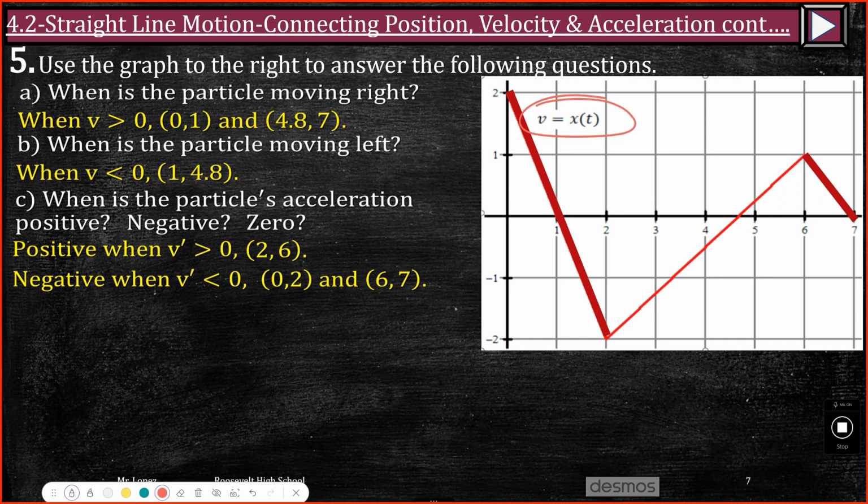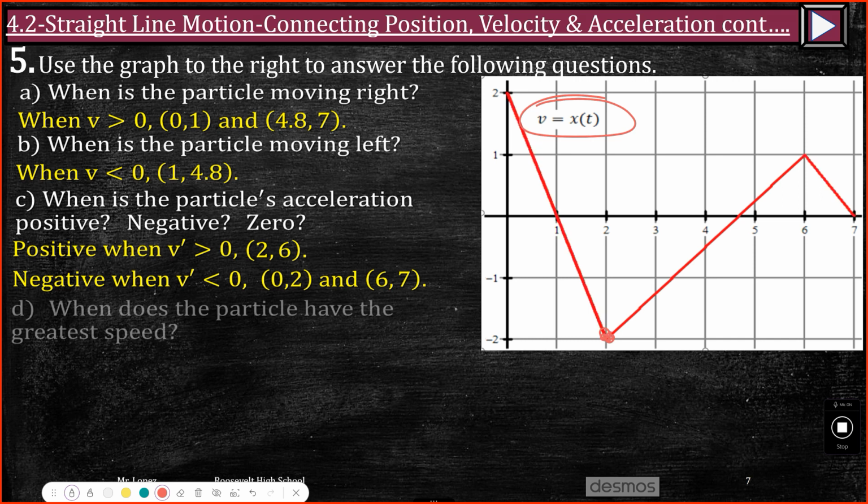When is that? Would it be here? Let's see. So it doesn't have anywhere where it doesn't change. So let's move on from there.